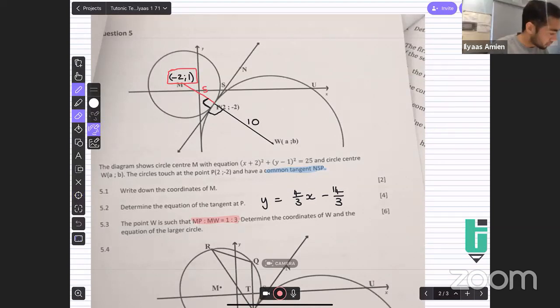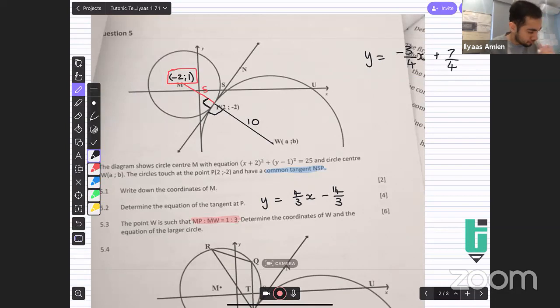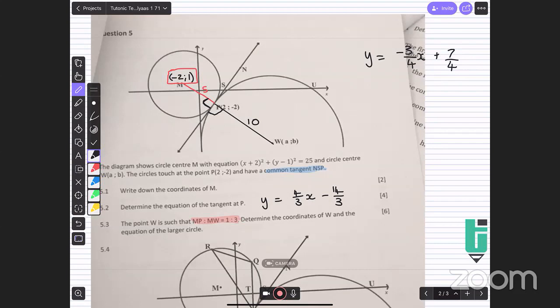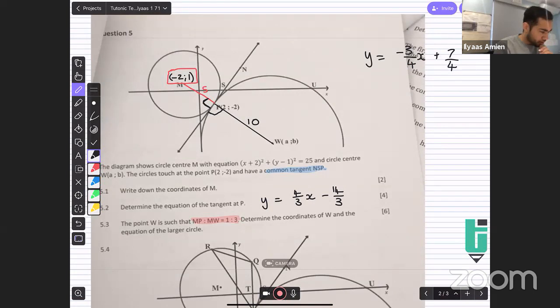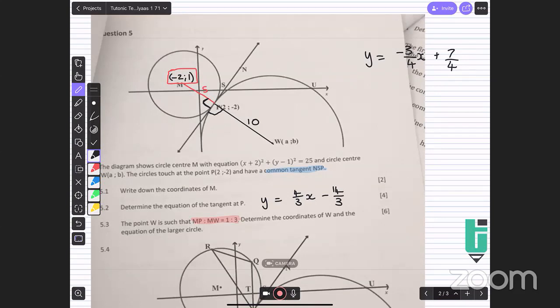Okay, y equals negative 3 over 4 plus 7 over 4. So if you sub in 2, it's minus 6 over 4. Is that right? I got 5 over 2 for C. Minus 3 over 2 plus 5 over 2. Oh, no, never mind. 2 over 2. Must be mine.